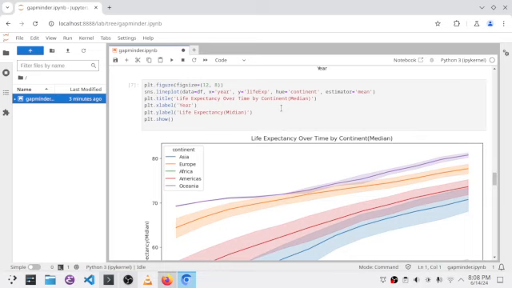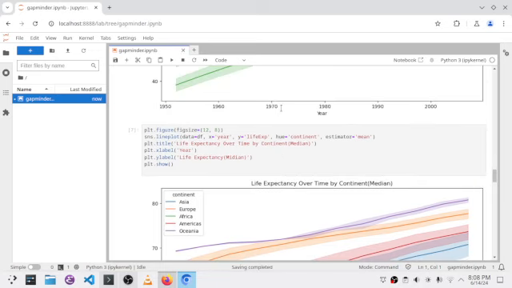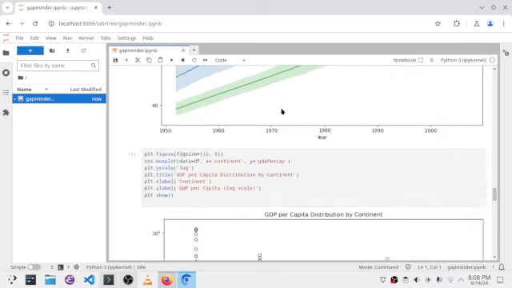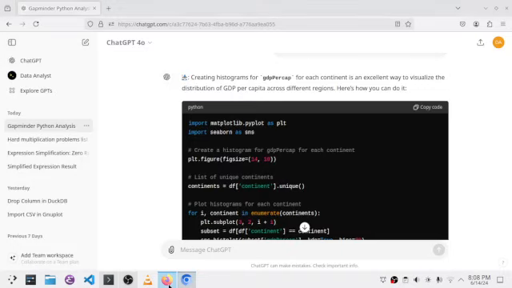Life expectancy over time. What's been going on here now?